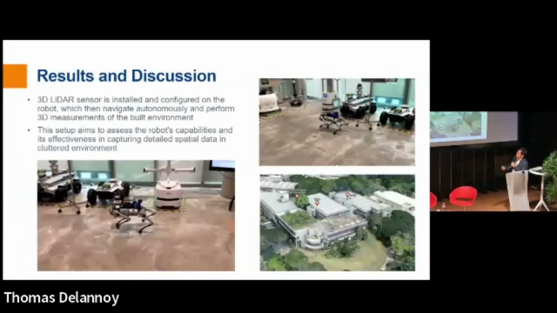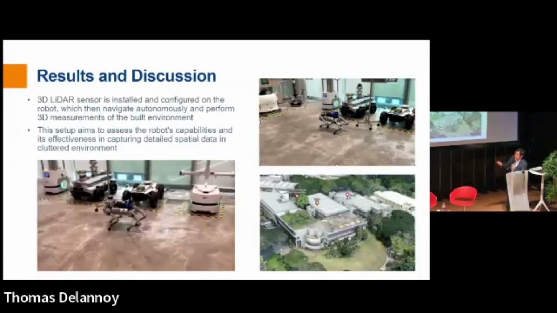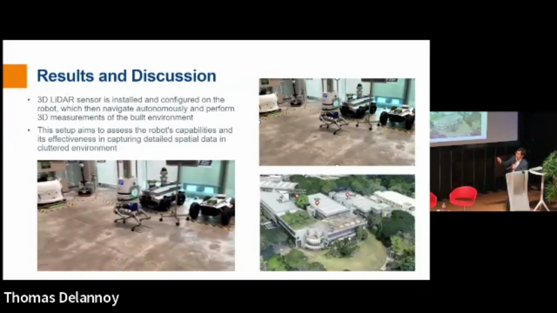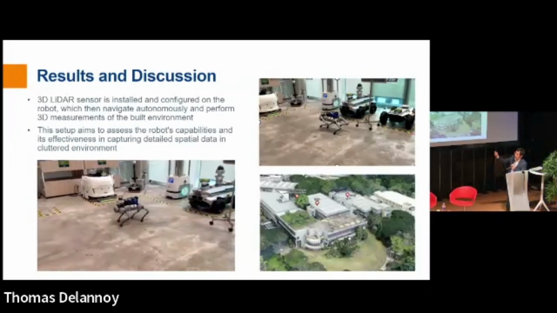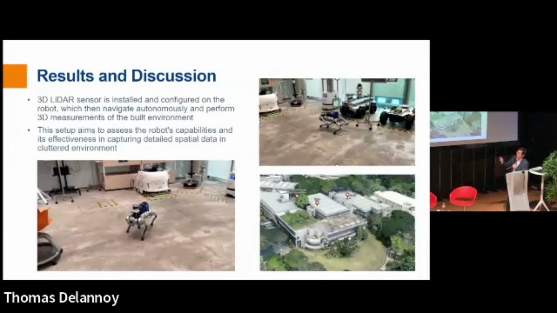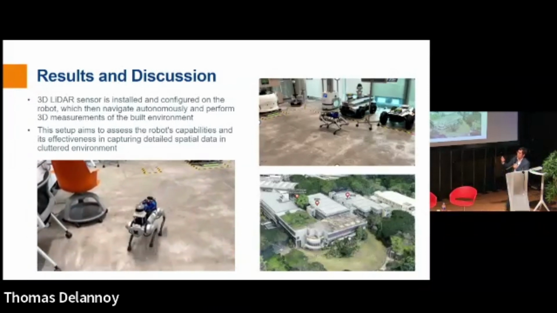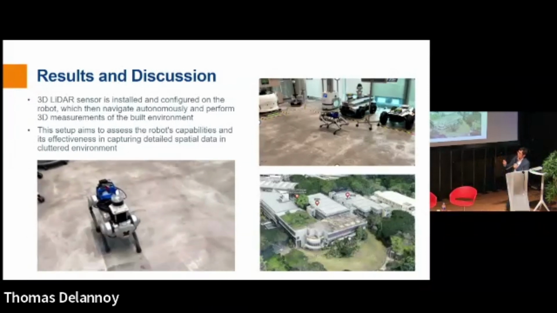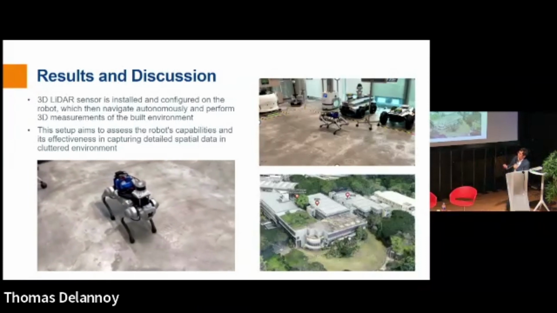So here are some quick experimental results. We carried out the experiments in our educational building on the NUS campus within our center. You can see the robot carrying the scanner and walking around automatically, doing the data capture.